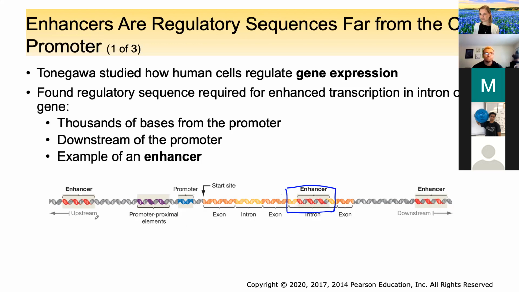And some of those things are enhancers. The enhancer is going to help recruit more proteins and enzymes to make sure that this gets transcribed faster. So the more enhancers there are, the more transcripts we're probably going to make of that gene.